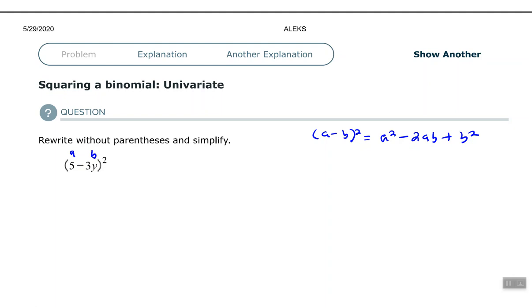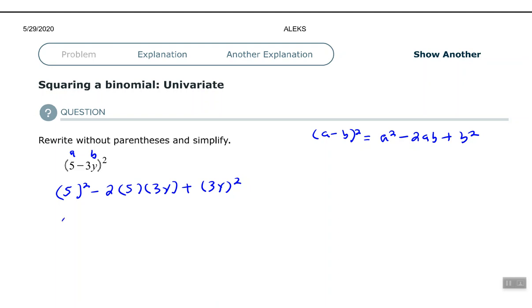Not concerned with that minus there because it's taken care of in the formula. So 5 squared minus 2 times 5 times 3y plus 3y squared. First term squared minus 2 times the terms plus the last term squared.